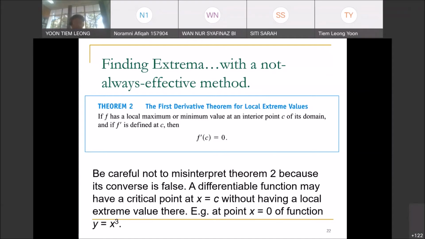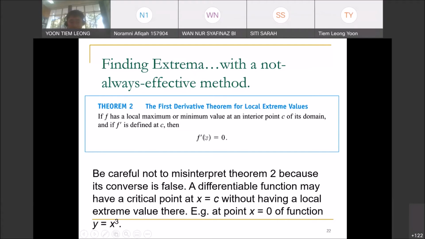So you have to be clear when you study mathematics, the flow of logic goes from A to B. So if it's a local maximum, then the derivative is 0. If the derivative is 0, then what happened? We don't know, because the statement doesn't go in the opposite direction.